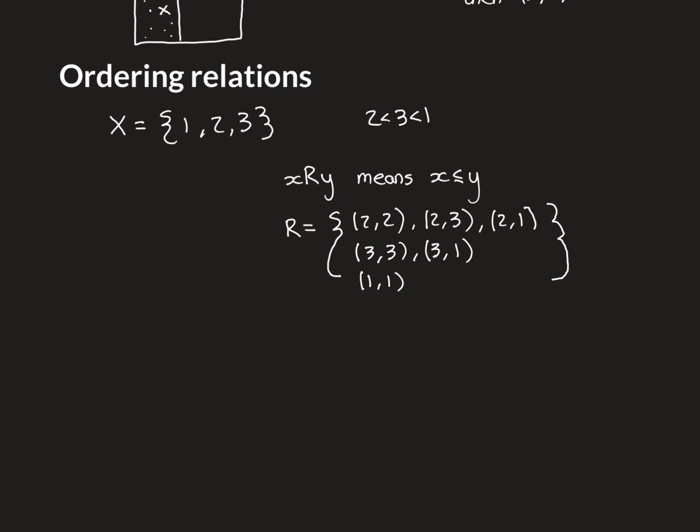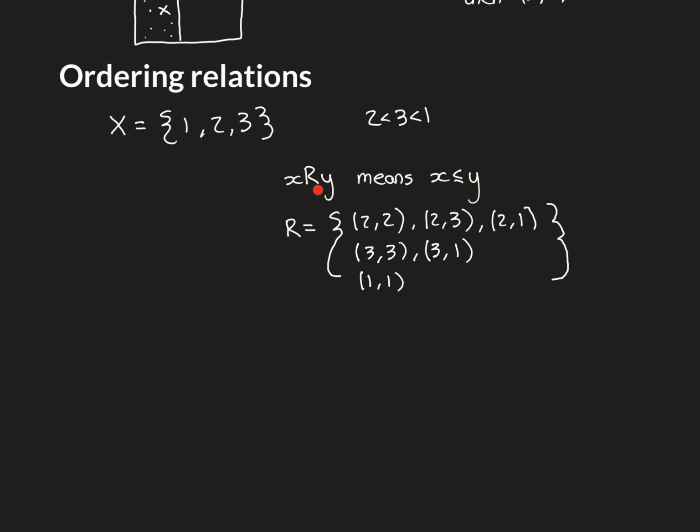Now the reason that you use less than or equal to rather than strictly less than is it makes it easier when you ask the question about is x related to x. If you use less than or equal to, you can then say that x is related to itself because it is less than or equal to itself. Indeed, it's equal to itself. And that just makes things tidier. You could define it as less than.